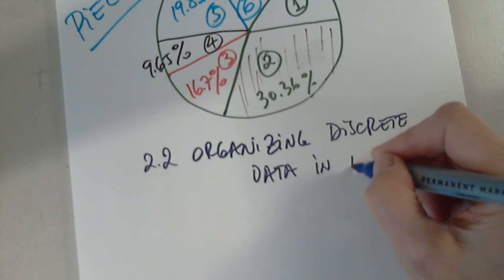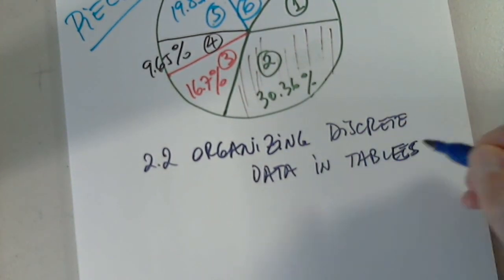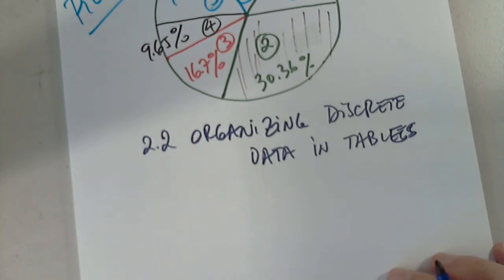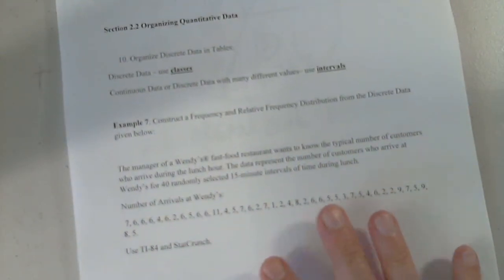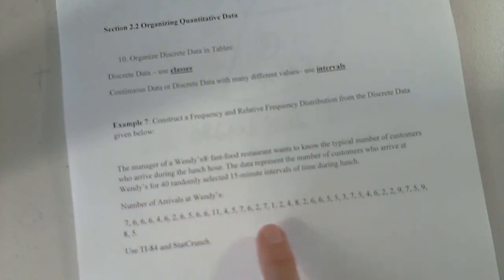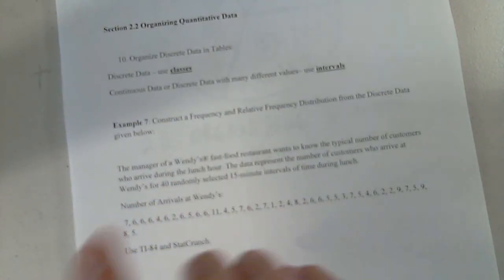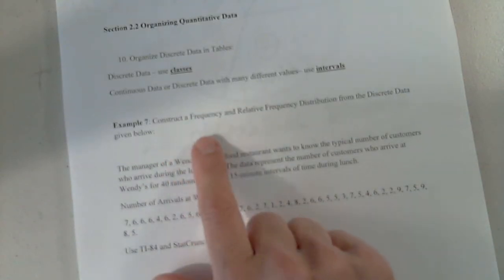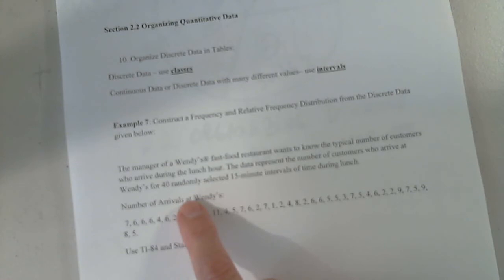We have the same situation, but this time we don't have categories. We have quantitative data, and it refers to the number of arrivals at Wendy's and so on. Let's read the question. It says construct a frequency and a relative frequency distribution from the discrete data given below.